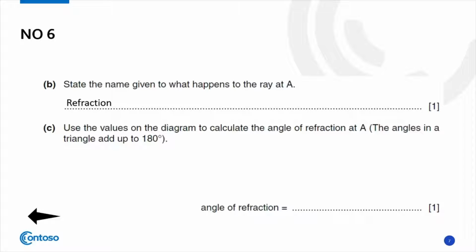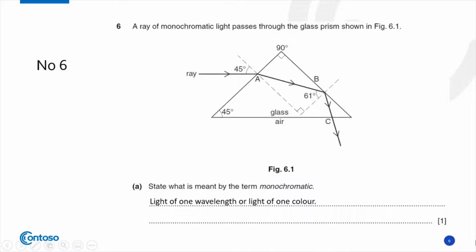Question 6c. Use the values on the diagram to calculate the angle of refraction at A. The angles in a triangle add up to 180 degrees. To answer this question, we have to go back to figure 6.1. Look at the right angle triangle here.